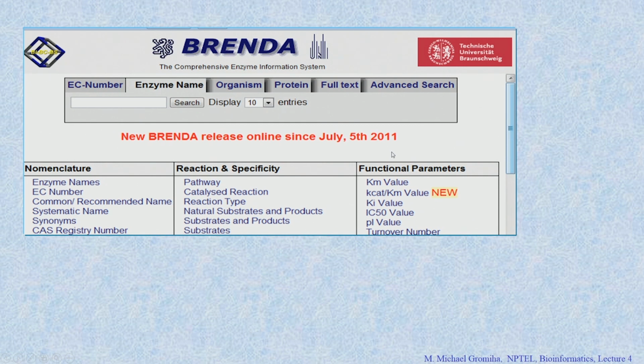It contains various information. For example, if you take any enzyme, first they have the nomenclature: enzyme names, enzyme number, synonyms and so on. They have information regarding reaction and specificity, such as pathways and substrates, and the functional parameters like the dissociation constant, IC50 values, pH and so on.